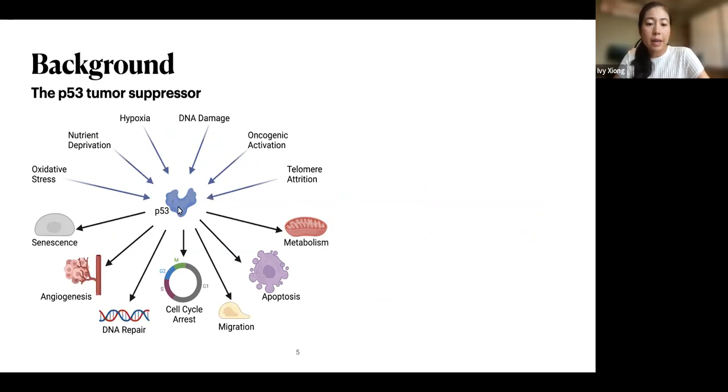When it's activated, it performs a few different functions, including cell cycle arrest, DNA repair, and apoptosis, which commits cells to cell death. My central question is: can we identify inherited genetic mutations in the genome that would interfere with the somatic mutational status of P53?